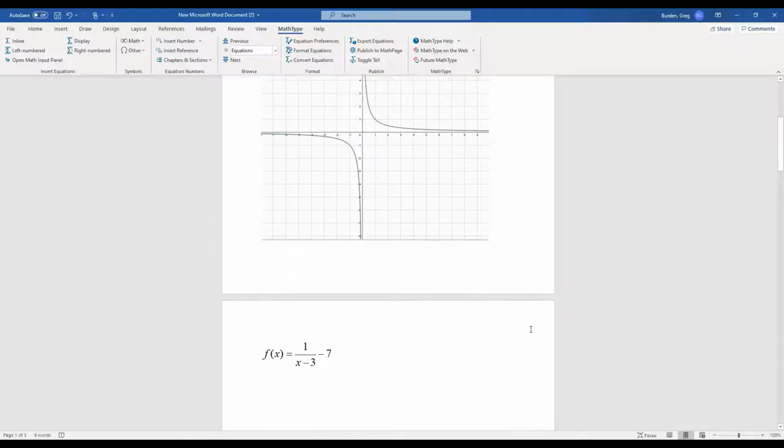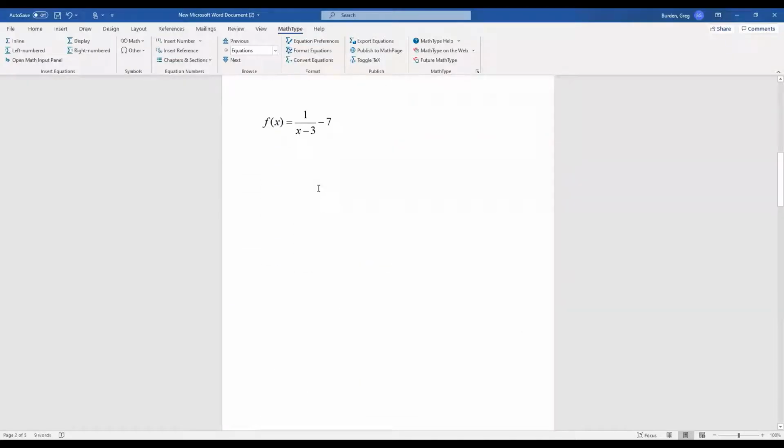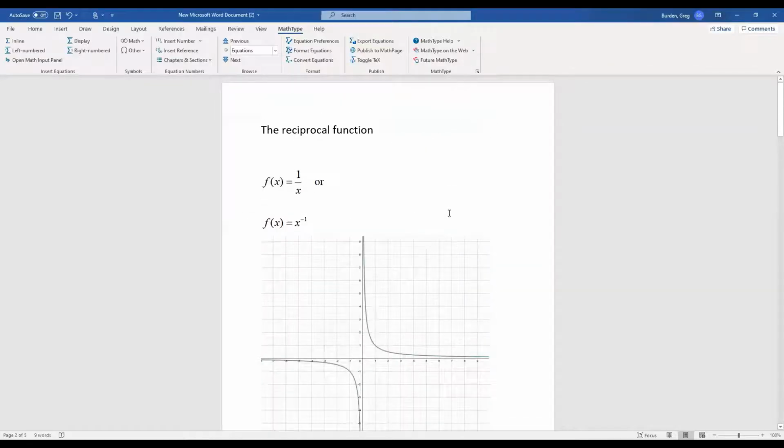So for example, if you look at the function f of x equals 1 over x minus 3, that quantity, minus 7, well, you can relate this to the function y equals 1 over x. Replacing x with x minus 3 in the denominator of the fraction would amount to shifting 3 units to the right. And then the minus 7 would amount to shifting 7 units down. So f of x equals 1 over x minus 3, that minus 7, is the shift of this original function.